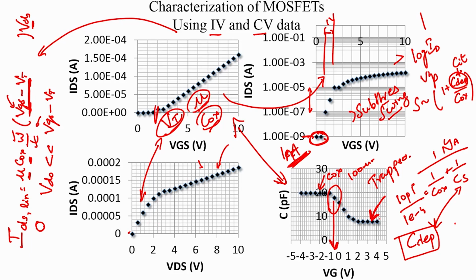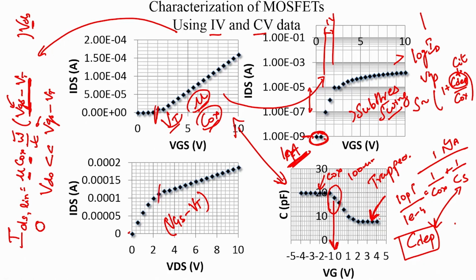The saturation characteristics, I mean the output characteristics, are quite powerful for a circuit designer. In saturation mode we firstly identify the point at which saturation occurred. Technically this should be VGS minus VT, but it could be offset by some amount, because if you remember the bulk charge theory predicts a different saturation voltage as compared to the simple square law model.